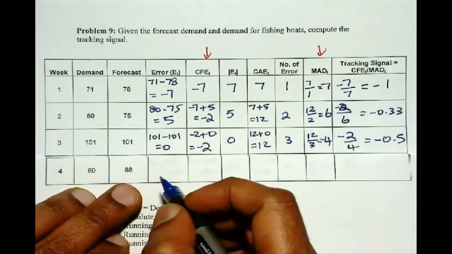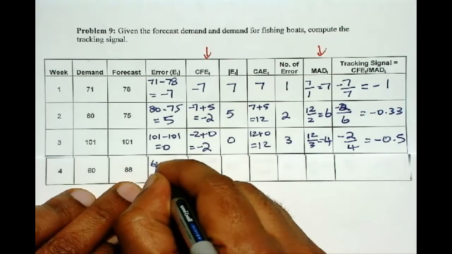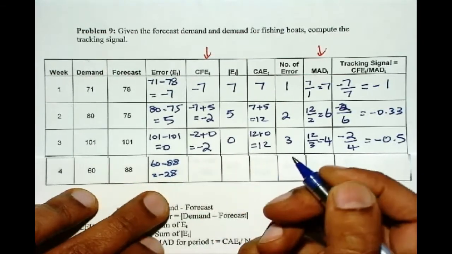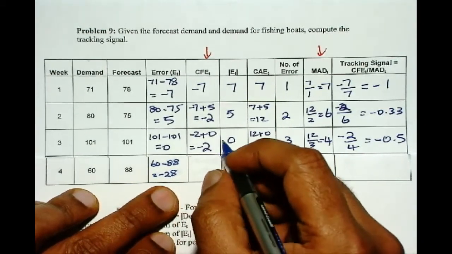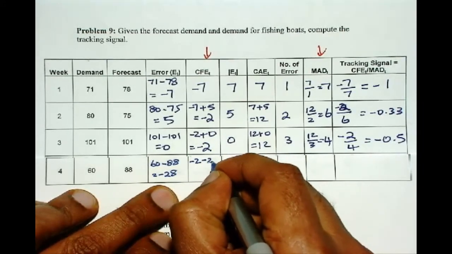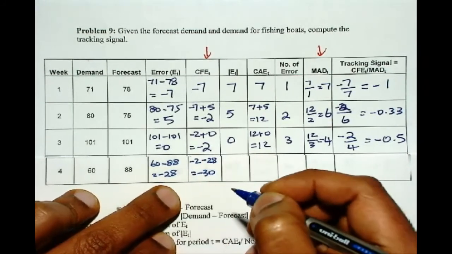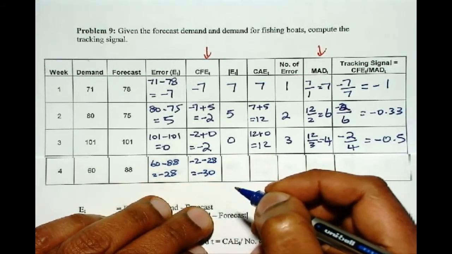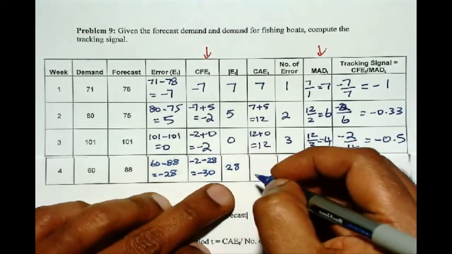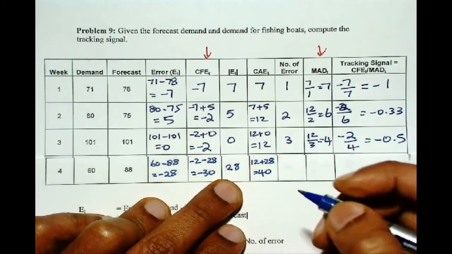Then week 4: 60 minus 88 equal to minus 28. Now minus 2 plus minus 28 will give you minus 30. The absolute error is 28. Then 12 plus 28 is 40.